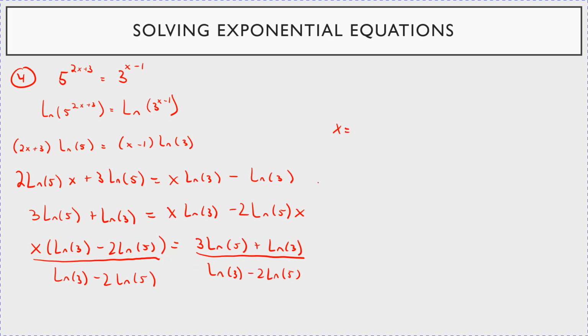X is equal to this: 3 natural log of 5 plus natural log of 3, I know this is crazy, divided by the natural log of 3 minus 2 natural log of 5. And then you can figure out what this is roughly in your calculator.